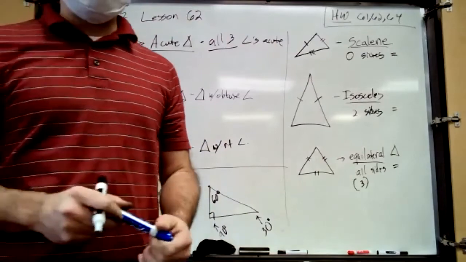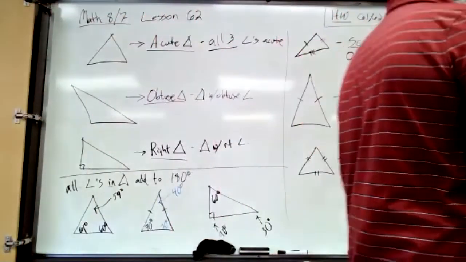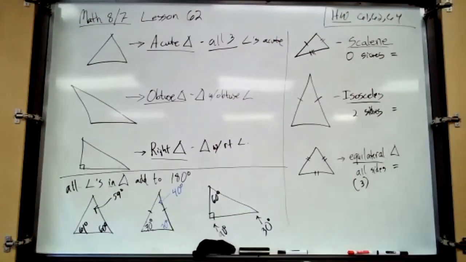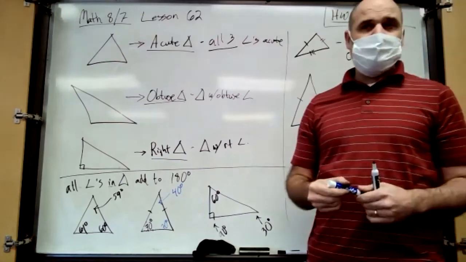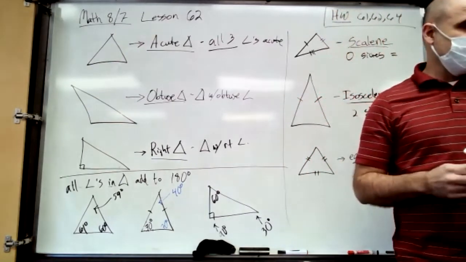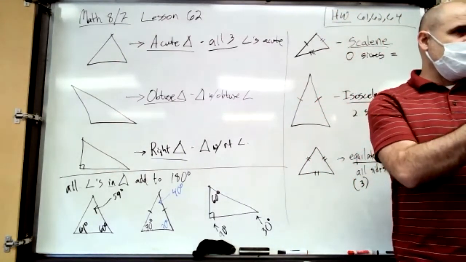Well, let's go a step further. Is it possible to draw an isosceles equilateral triangle? No, because remember, an equilateral triangle has all 60-degree angles, so it can't have a 90-degree angle. Do you want to try, Grady?